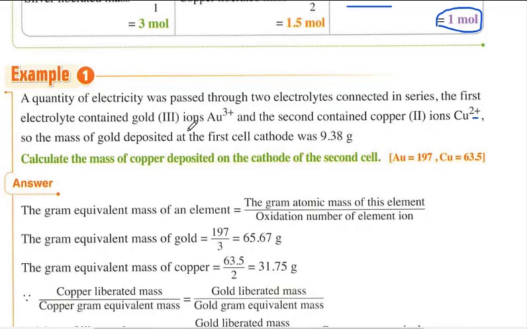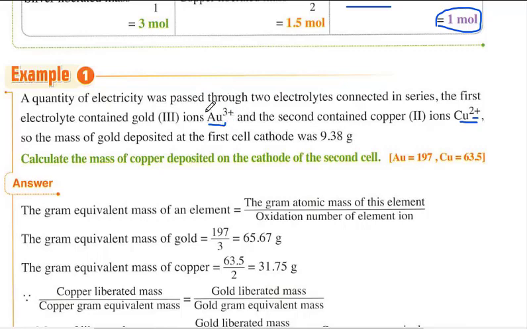The first electrolyte contains gold and the second contains copper. Gold is positive 3 and copper is positive 2. So this is the oxidation number, to calculate the equivalent masses of copper and gold.